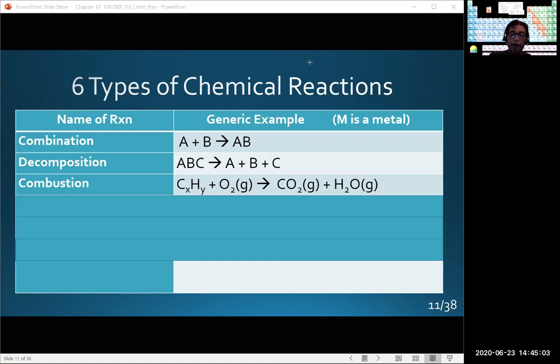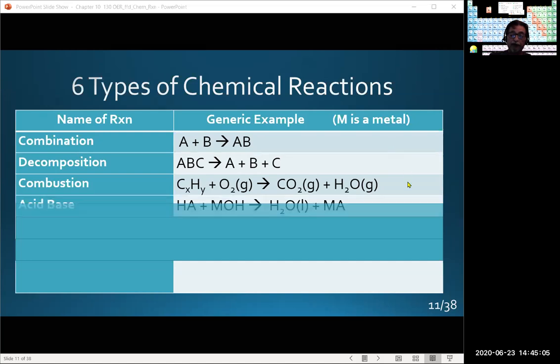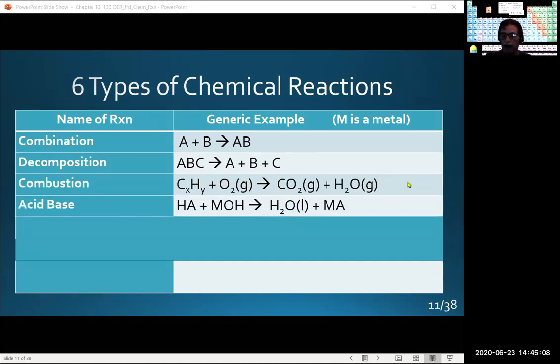Okay. The next type is called an acid-base reaction. We talked about that last chapter, where you have an acid, which normally is written with the H in front. So it could be hydrochloric acid, it could be acetic acid. Okay, so if we have an acid reacting with a base, and that's anything that produces a hydroxide ion.